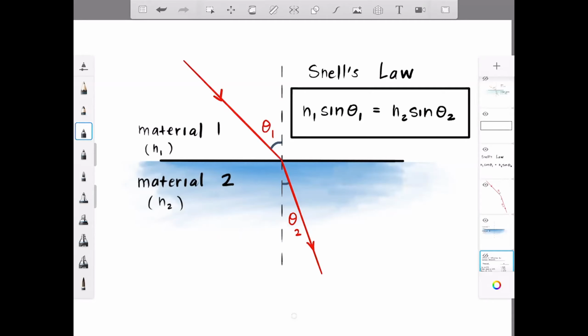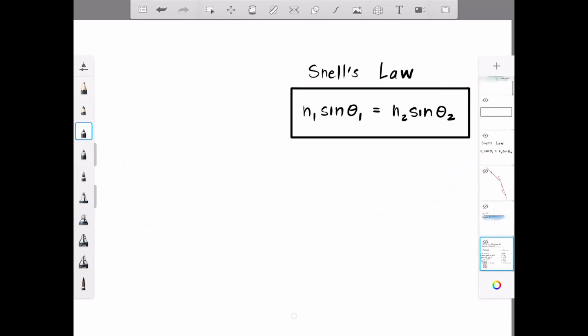Usually you would use it in that way because sometimes you'll be dealing with some unknown material. Okay, this is the only formula we need for today's lesson. N1 sine theta 1 equals N2 sine theta 2. Let's look at some examples on how to use it.